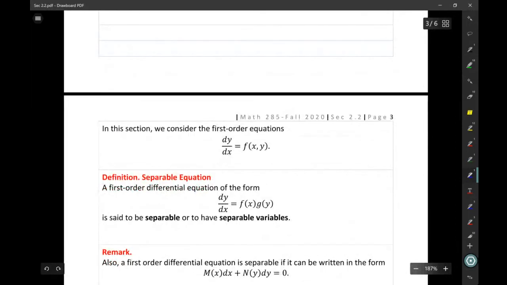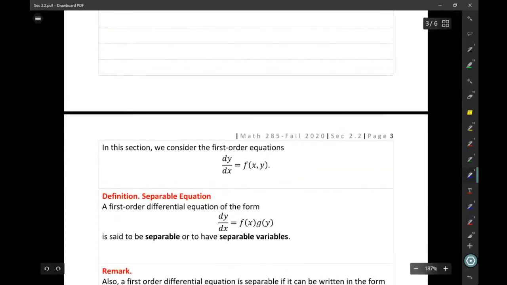Let us start with the definition of the separable differential equation. Now, in this section, mainly we will consider the type of differential equation written in the form y prime is equal to a function of x, y.